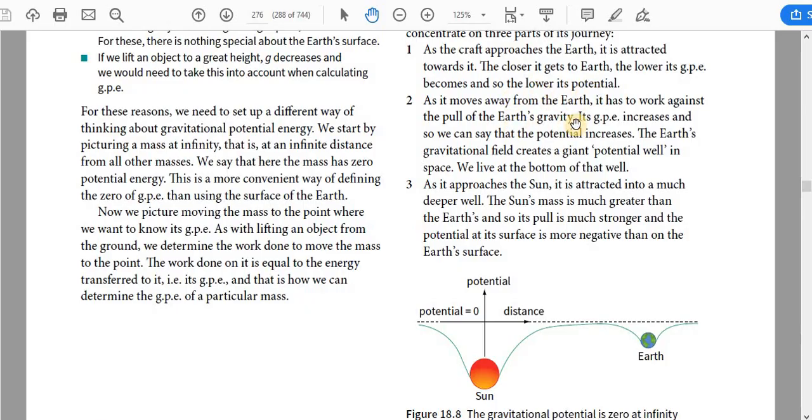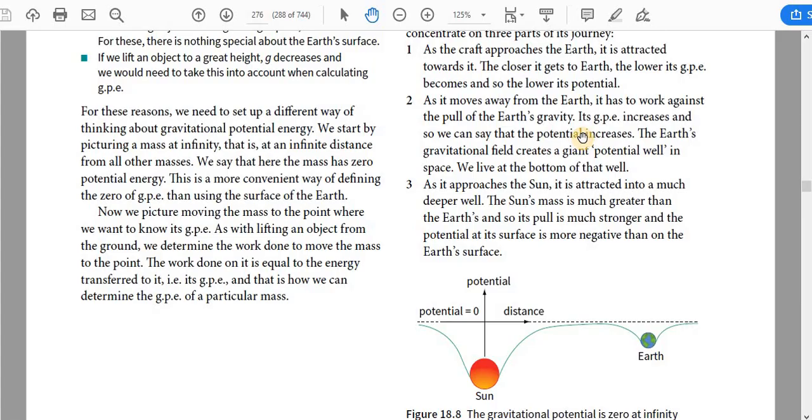As it moves away from the earth, it has to work against the pull of the earth's gravity. Okay, it has to work against the pull of the earth's gravity, because when it's moving away, the earth is pulling it. So when it's moving away, it has to do work against the pull of the earth.